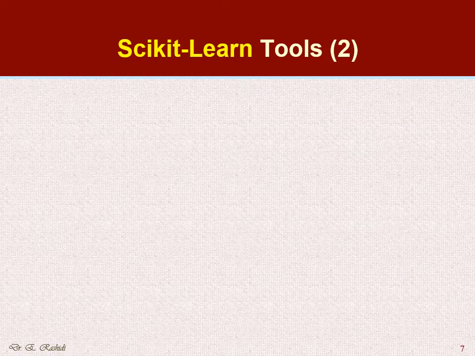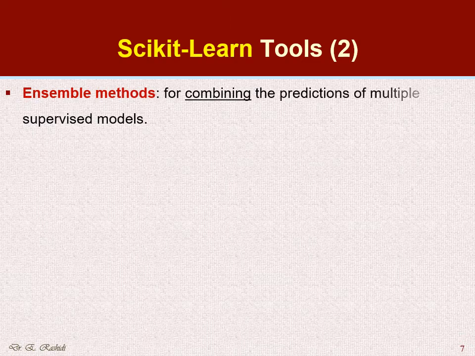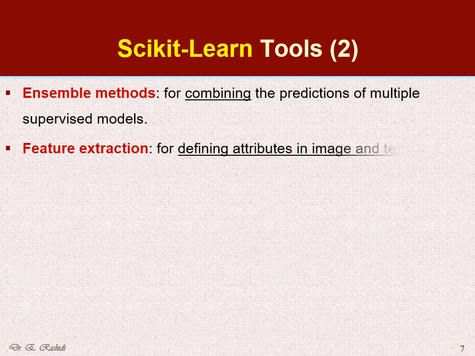The other set of tools included in Scikit-Learn is the ensemble methods, which is for bundling up and combining the predictive models or the supervised machine learning algorithms to make them more efficient and more useful in prediction. Feature extraction is the other tool, which is for defining attributes in image and text data.